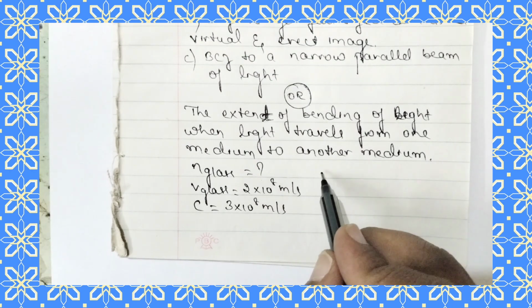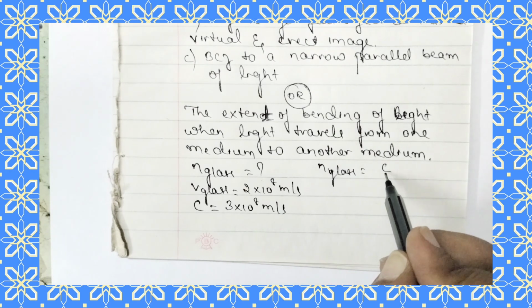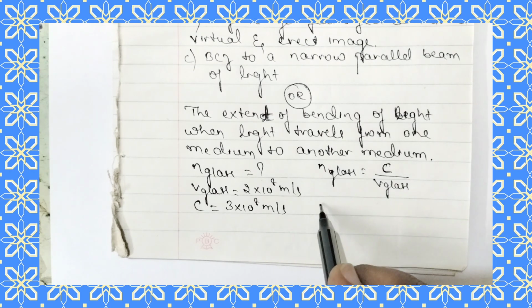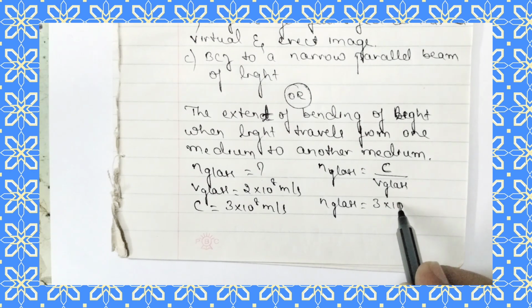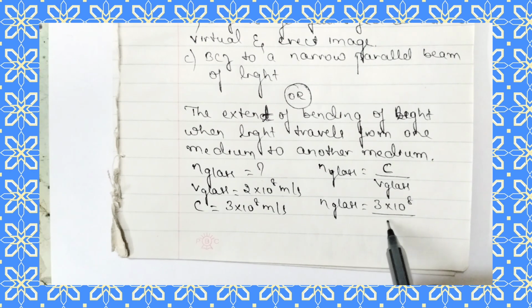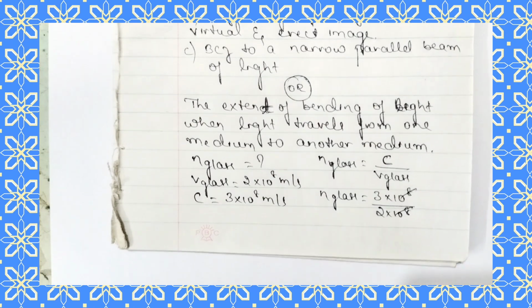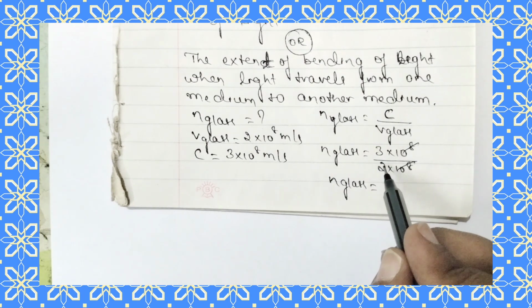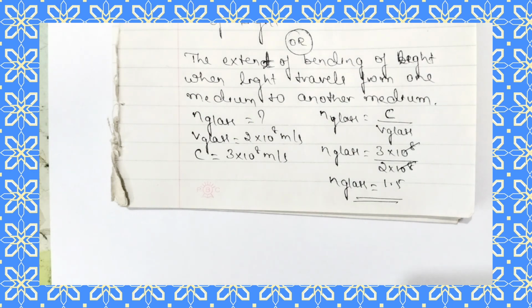So the refractive index of glass is equal to the velocity of light in air divided by the velocity of light in glass, which is 3 into 10 to the power of 8 divided by 2 into 10 to the power of 8. The 10 to the power of 8 cancels. Therefore, the refractive index of glass is half of 3, which is 1.5. So 1.5 is the refractive index of glass.